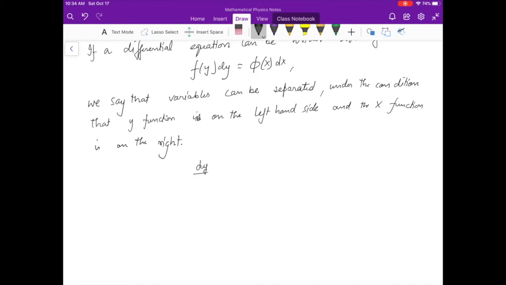Another way to write that, and this is a more general form, is dy by dx equal to f(x, y). If this function is of the form phi 1(x) by phi 2(y), then phi 2(y) dy is equal to phi 1(x) dx, after cross multiplying, and then we take an integration on both sides.